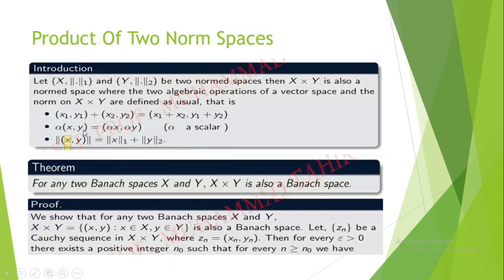Now the other property says that for any scalar belonging to the field, we multiply it to x and then y. So we see here that we multiply alpha to x and alpha to y.